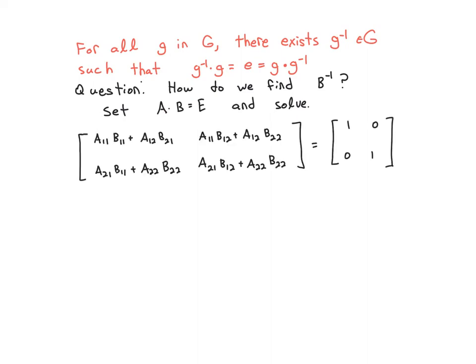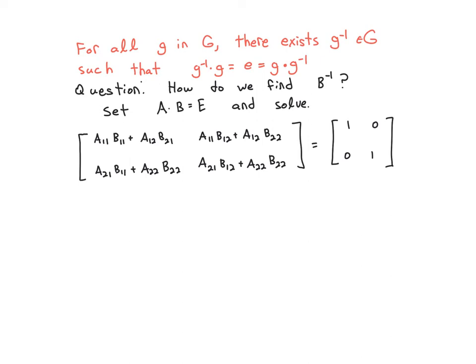So we write down our product formula for the product of two matrices. That's this left-hand side of the equation. The Aij values are unknowns to be solved for, and the Bij values are known constants. And so the goal is to find formulas for the Aij's in terms of the Bij's. On the right-hand side, we have the identity matrix.